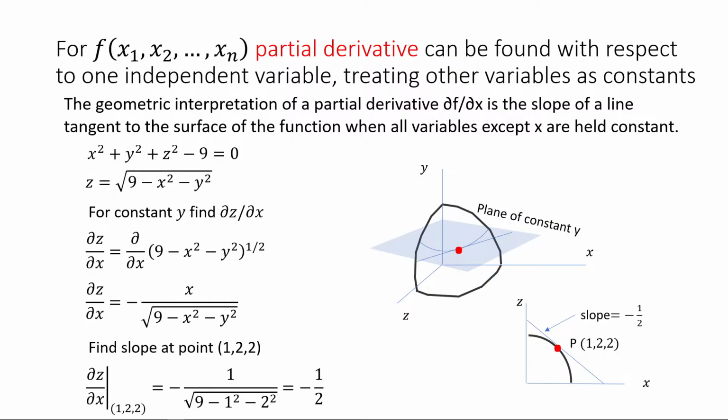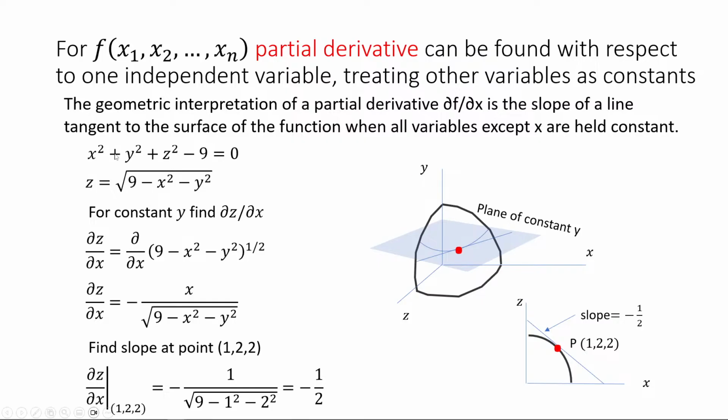This is my x and y, and this is my z here. If I take a plane of constant y, then at this plane of constant y I will have this line here. So now y is constant, I'm not changing y at this given y. And then I find the slope of delta z with respect to delta x, and I can find the rate of change of this curve at a constant y.